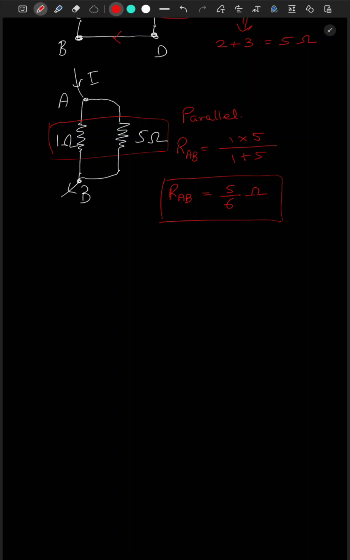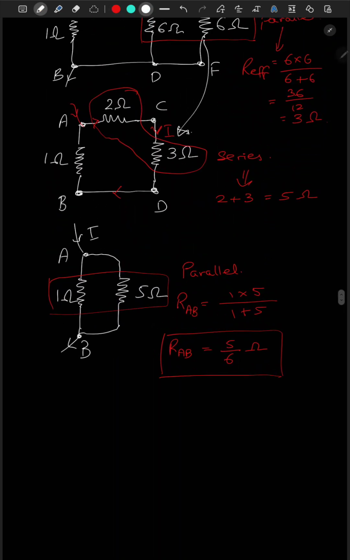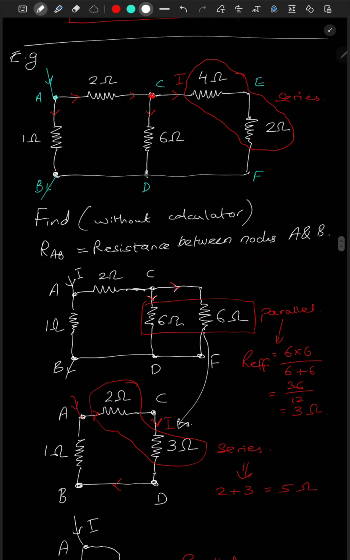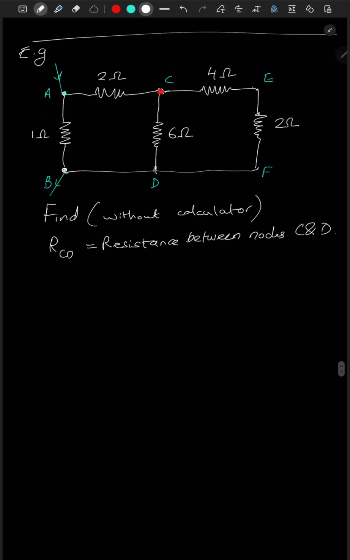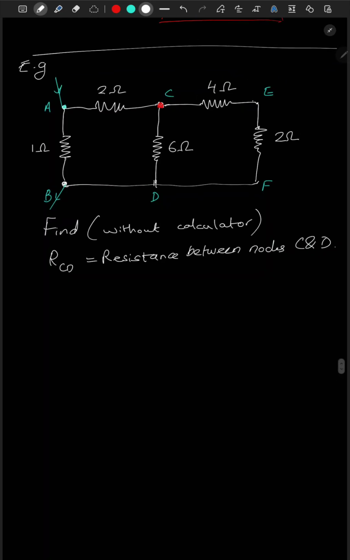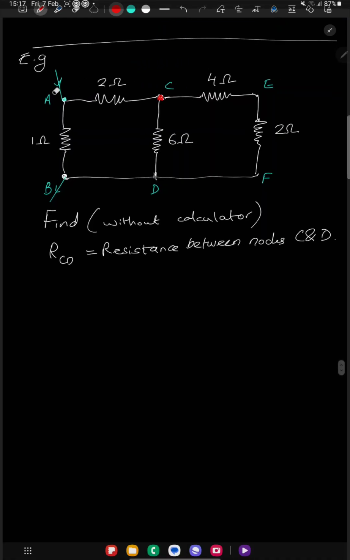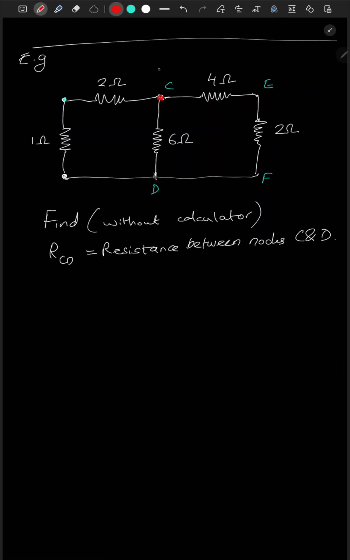Okay, now let's try another example. Now we take the same circuit, but now we have to find the resistance between node C and D. To do that, we have to assume that a current enters the node C and then leaves at the node D. This current entering C will flow in this branch and in this branch and in this one.